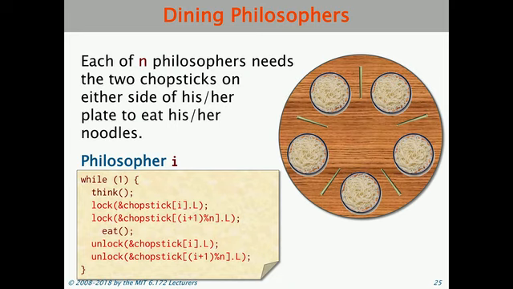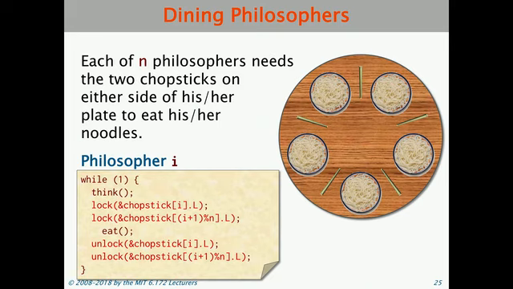So he's a philosopher, so he starts by thinking for a while. And then he, or she, gets hungry. The philosopher grabs the chopstick on the left, and then grabs the one on the right, which is i plus 1, but it has to do that mod n, because if it's the last one, you've got to go around and grab the first one.